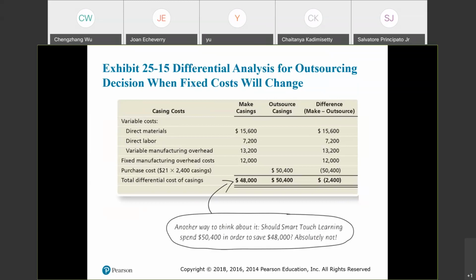So as you can see, in this case, if the company outsources the casings to the third-party company, it can save $50,400.